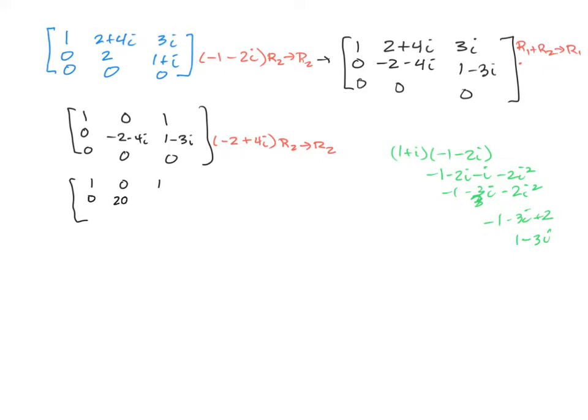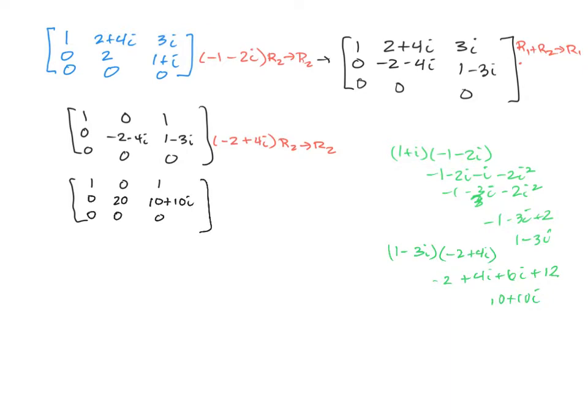For the other part, we will multiply our 1 minus 3i times our -2 plus 4i. Multiplying that out gives us a -2, plus a 4i, plus a 6i, and then a minus 12i squared, which is plus 12. So that's going to make a 10 plus 10i. In that spot goes 10 plus 10i, and we still have a row of zeros.